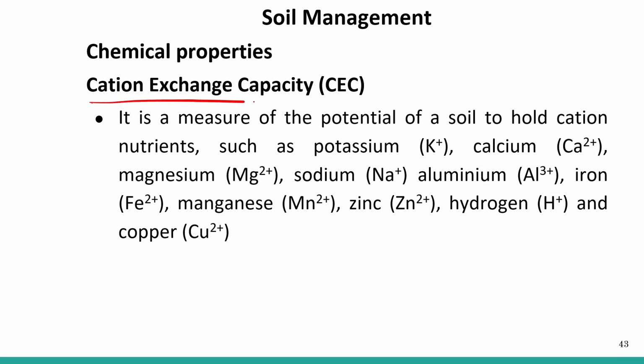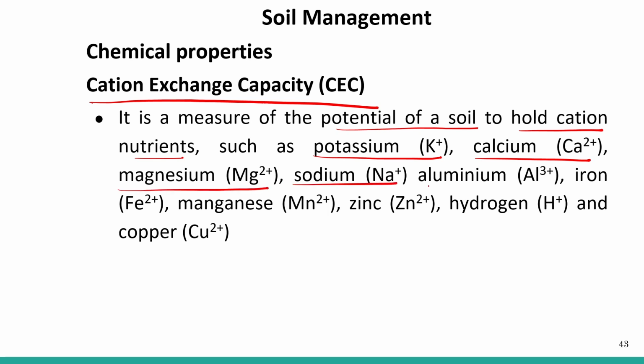Cation exchange capacity is a measure of the potential of soil to hold cations, nutrients such as potassium, calcium, magnesium, sodium, aluminium, iron, manganese, zinc, hydrogen ion, and also the copper ion. So the cation exchange capacity depends on these cations that are present in the nutrients.